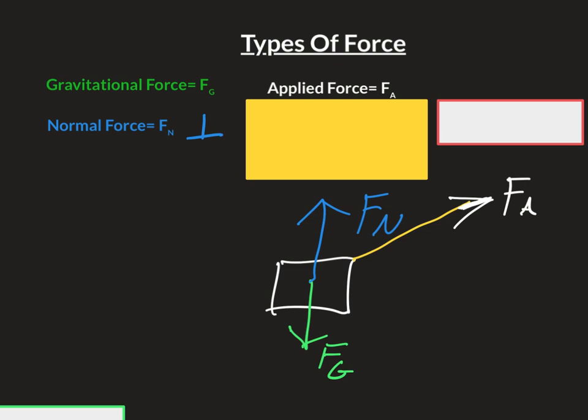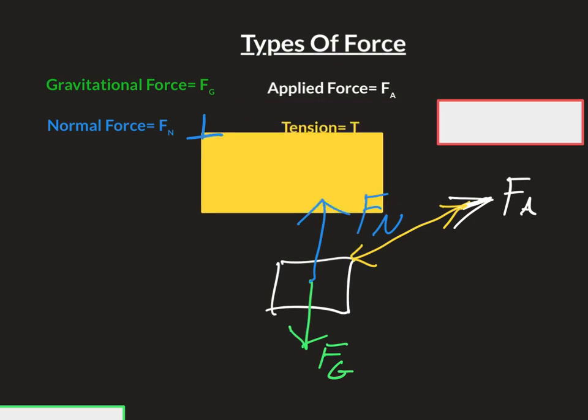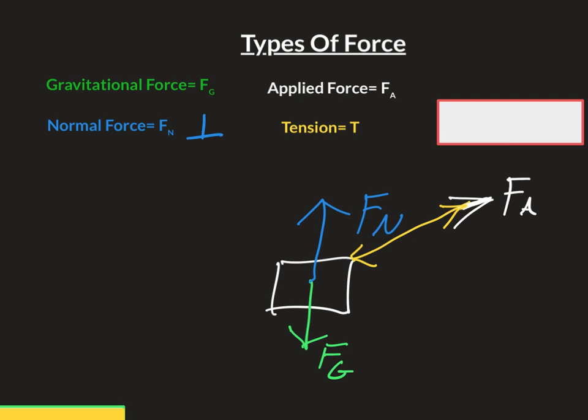That way I could cover another type of force. In a rope, there is an equal and opposite amount of force applied going to the one end and the other end being applied to that in the rope, and that is called a tension force. And so now we have a tension force there, and so I can apply that there. A tension force is kind of unique because it kind of balances itself out.